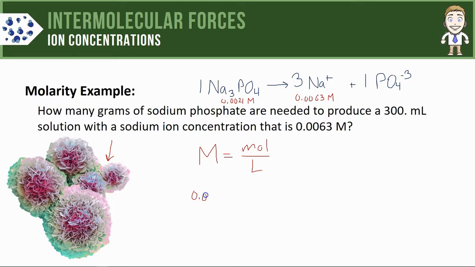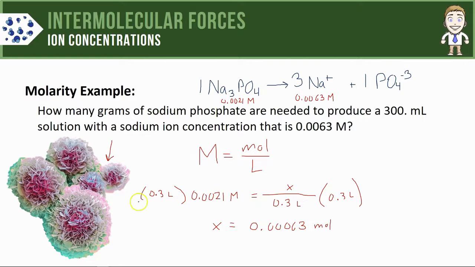Finally, I can start using my molarity formula and plugging in what I know. The final concentration of sodium phosphate in the solution is going to be 0.0021 M. The volume of the solution is going to be 0.3 liters, so I need to solve for how many moles of sodium phosphate are needed to produce this. Solving for moles tells me that I need 0.00063 moles of sodium phosphate added to my solution.